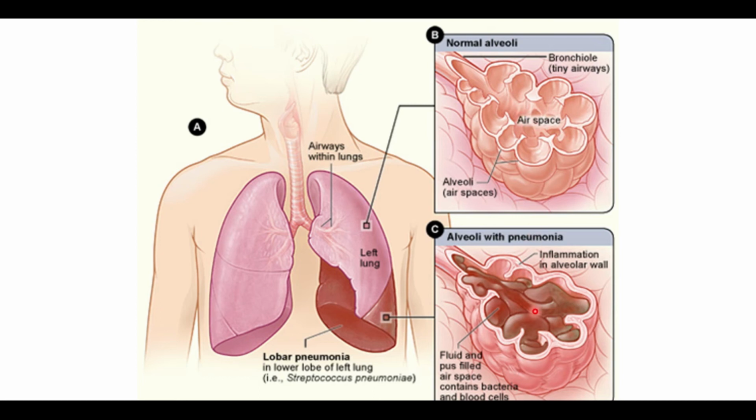But in the case of pneumonia, we can see that the fluid and pus filled air space contains bacteria and some blood cells, and there is no more space for air to come in during inspiration. The alveoli fill with fluid, making it difficult to breathe.